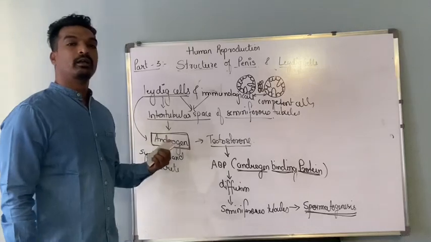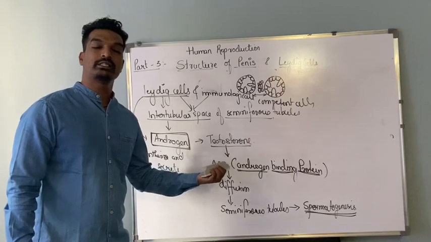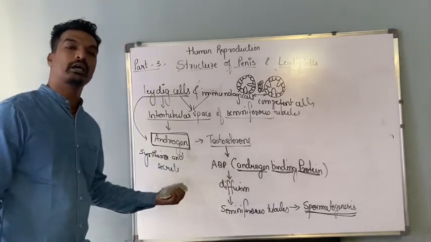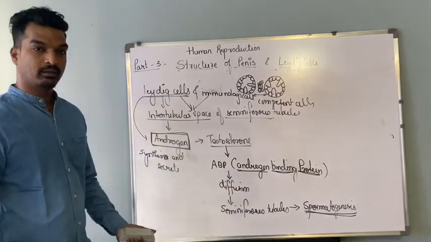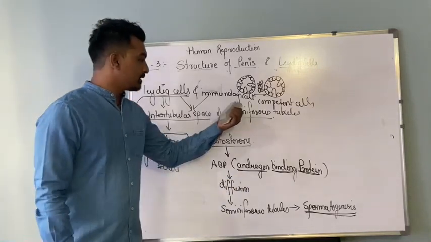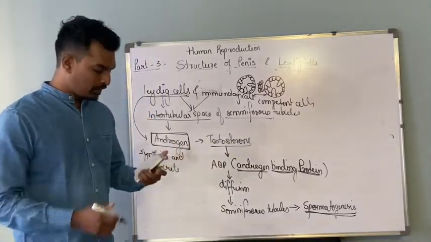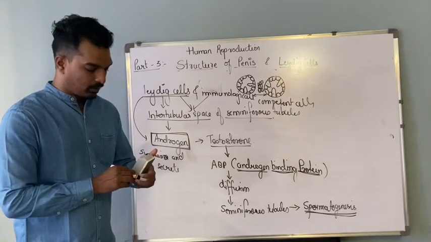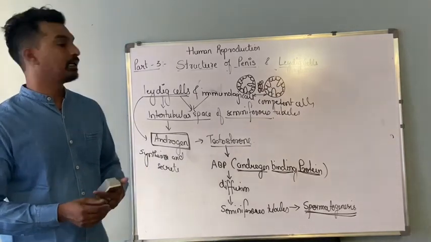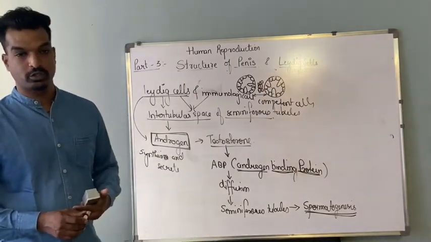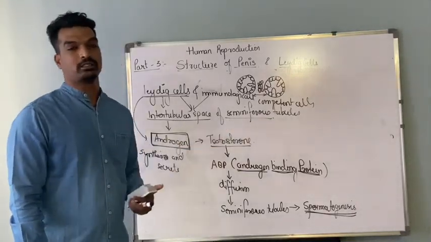Leydig cells synthesize and secrete androgen, which is released into the spaces and diffused into the seminiferous tubules with the help of androgen binding proteins. Right? Then in the spaces you also have what? Immunologically competent cells, to protect the sperms which are released in the seminiferous tubules. So immunologically competent cells are present in the intertubular spaces.